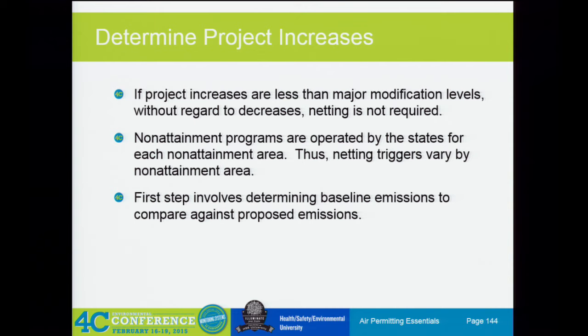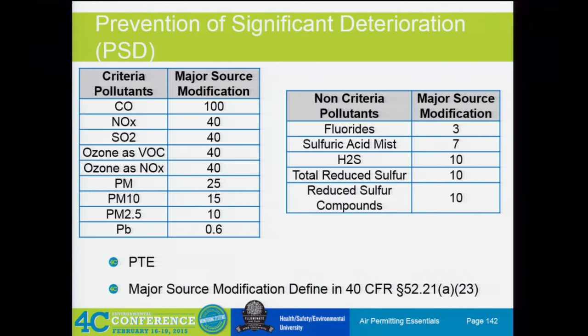Non-attainment programs are operated by the states for each non-attainment area, thus netting triggers vary by non-attainment area. So going back to these major modification levels, for non-attainment, what triggers netting is not going to match these tables. It's going to be in your state implementation plan. So you have to refer to your state regulations if you're in a non-attainment area and figure out what that threshold is to trigger netting.